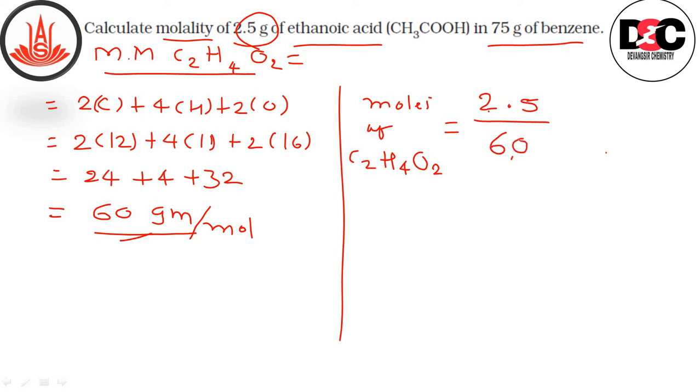Okay, so the moles of it is 0.0417 mole of ethanoic acid.